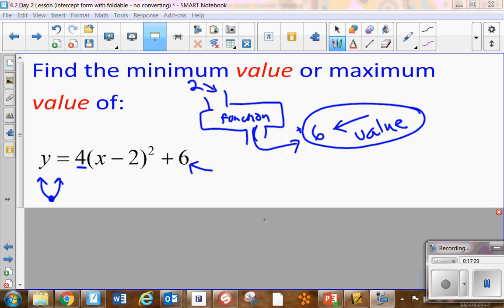So the answer is I have a minimum value at 6. That's what it's asking for. It's not giving me a whole vertex if I ask for the minimum or maximum value. I guarantee you, half of you will give the whole vertex on the test. I don't want the vertex. Okay? All right.